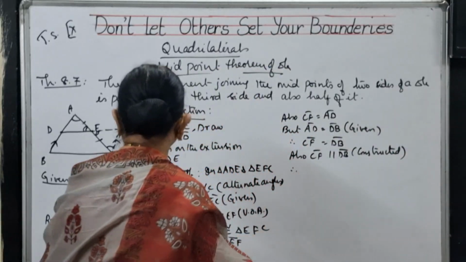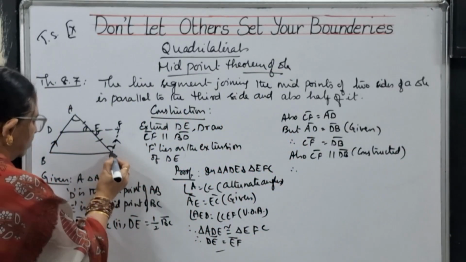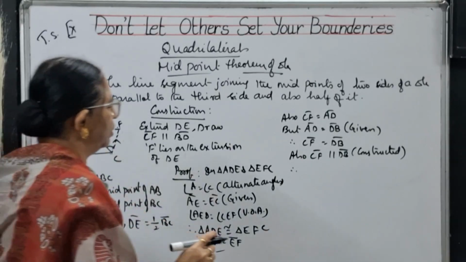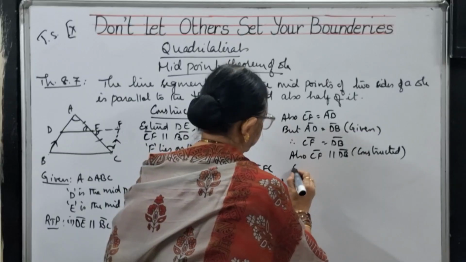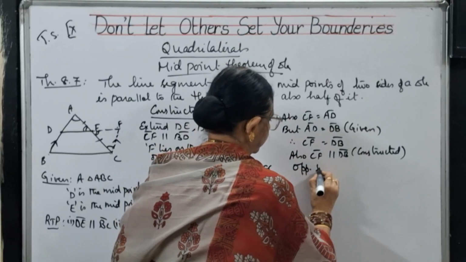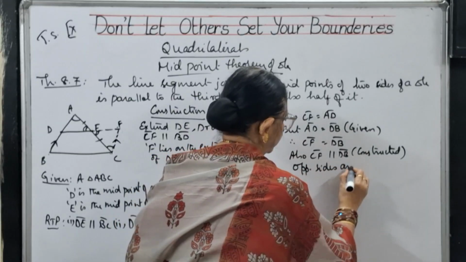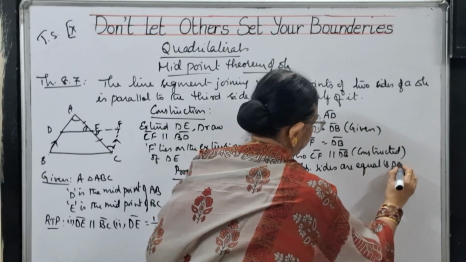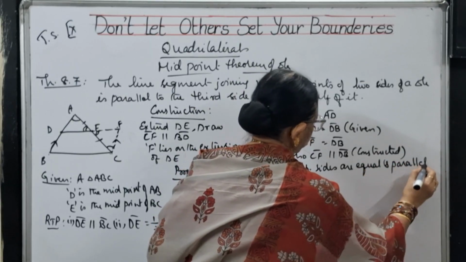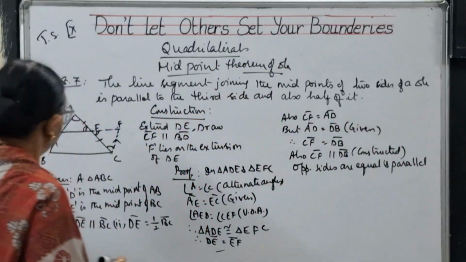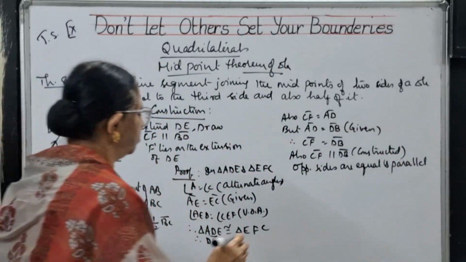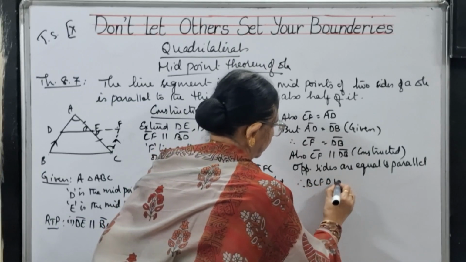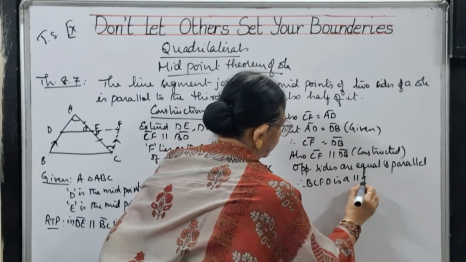Therefore, we can say that CF is equal to BD and CF is parallel to DB. That means, let me write the statement, opposite sides are equal and parallel. Therefore, what we can say, BCFD is a parallelogram.